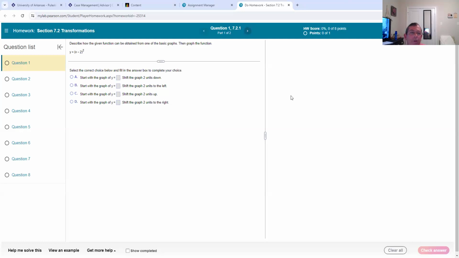All right, y'all, so if you notice, they give me my function. I got to tell it what basic graph we're starting with, and then which one of these moves it did. So, y'all, let me write this one down on my paper. So number one is y equals parentheses x minus 2 squared.